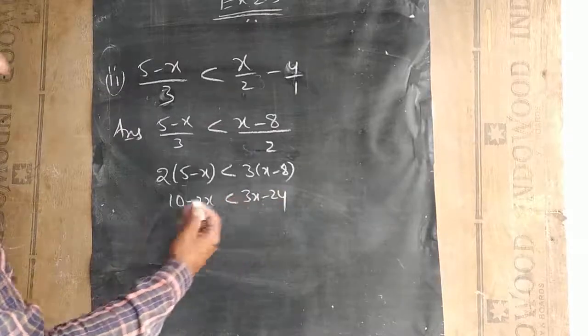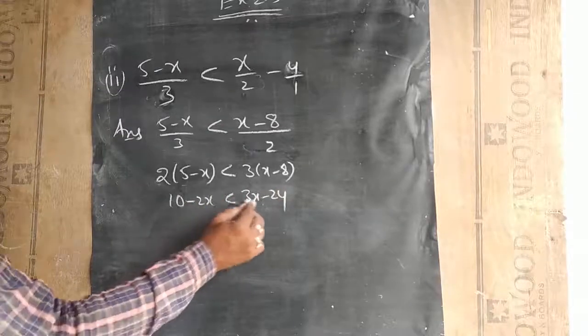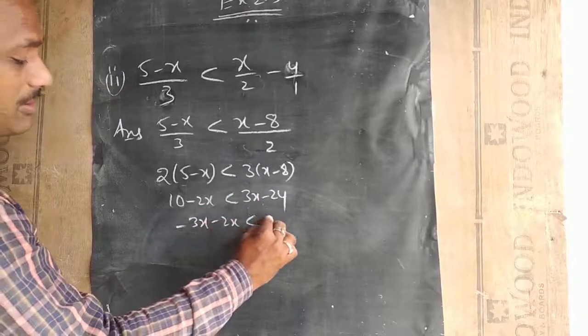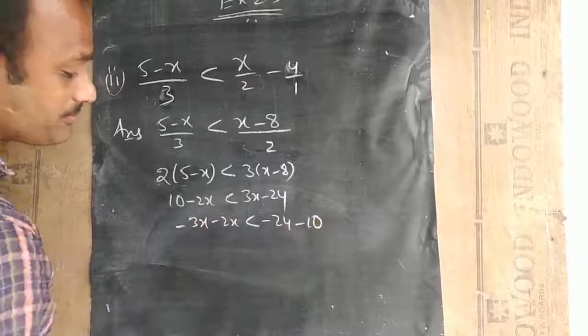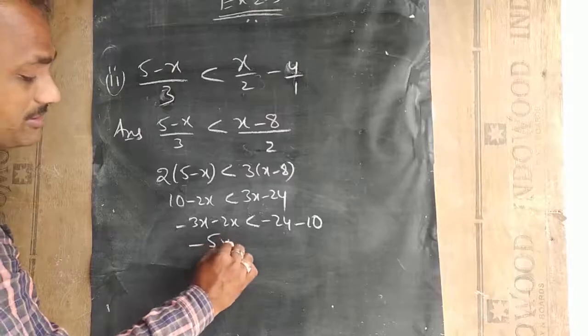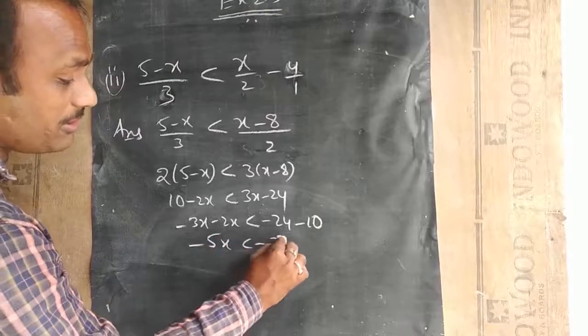So we'll be transposing the variables to one side. So it is minus 3x minus 2x is less than minus 24 minus 10. So it is minus 5x is less than minus 34.